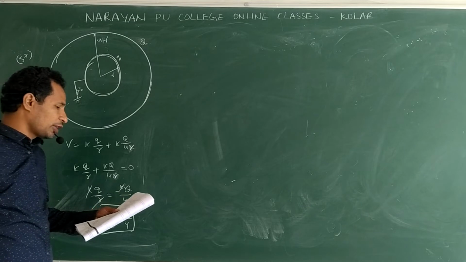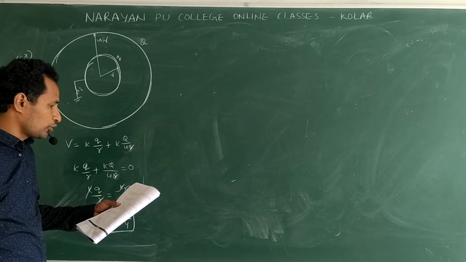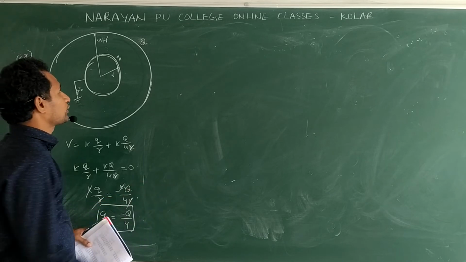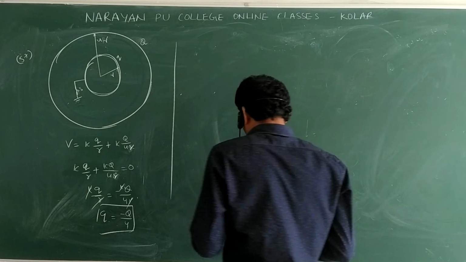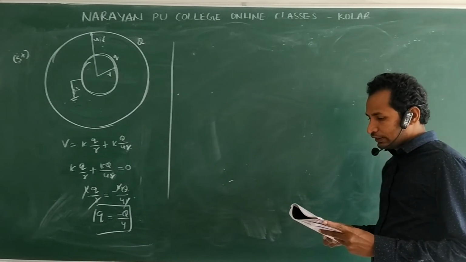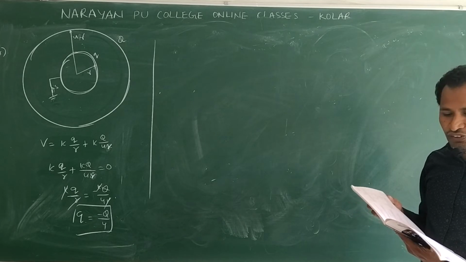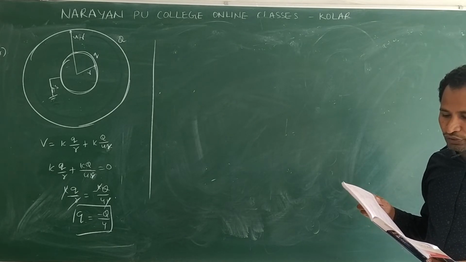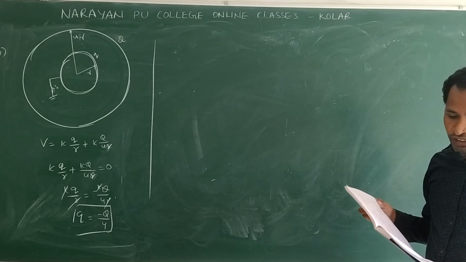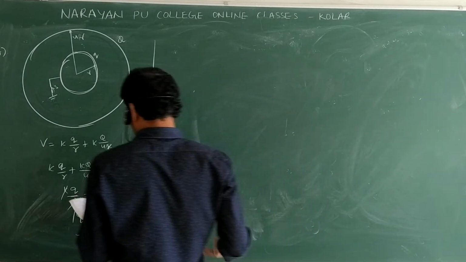So if they mention option Q by 4, option 3, but they ask only magnitude, so option 3 is correct. Next 58. Electric field is directed along x-axis. The variation of E with x is as shown in figure. If electric potential is 20 volt at the origin, find potential at x equal to 4 meters.